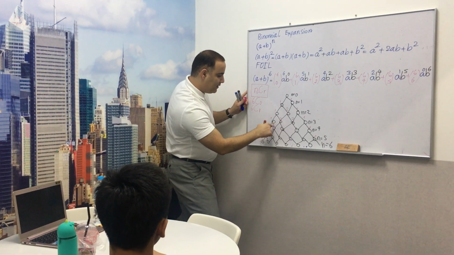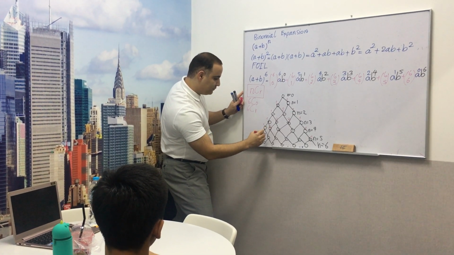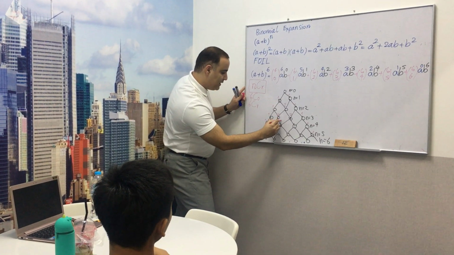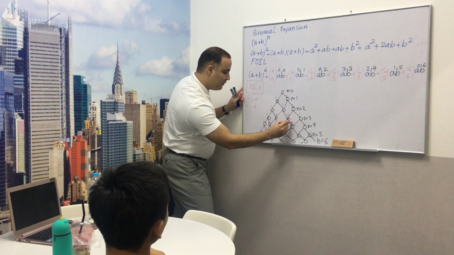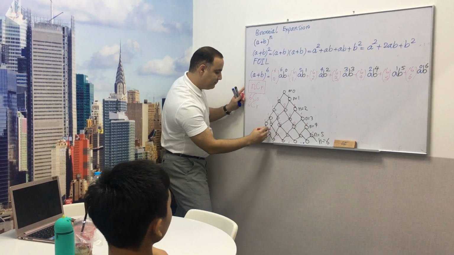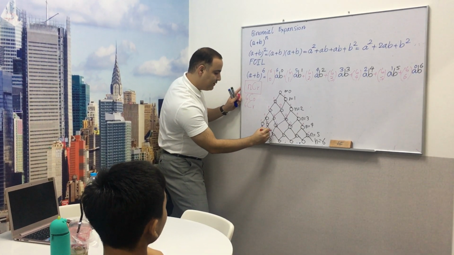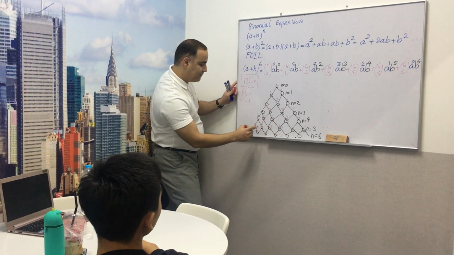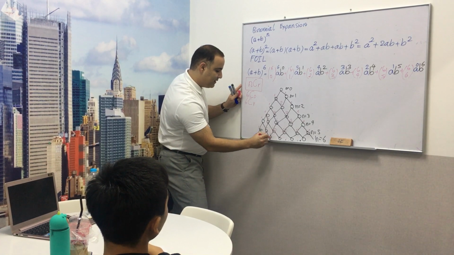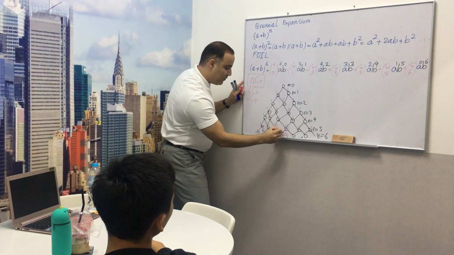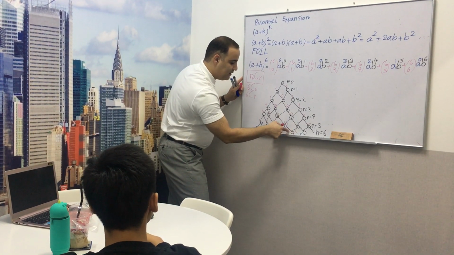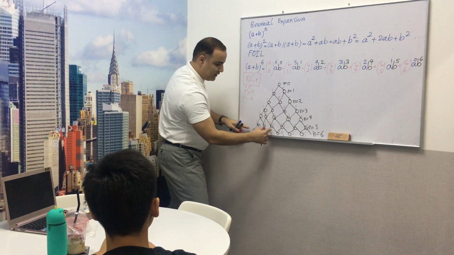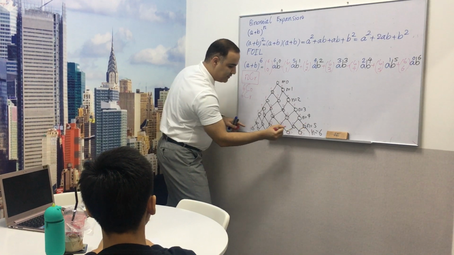And then how many ways to get here? 6, and then 4. Very good. And here 5, 10, 10, 5, and then 6, 15, 20, 15, 6. And you see the symmetry: 1, 6, 15, 1, 6, 15.